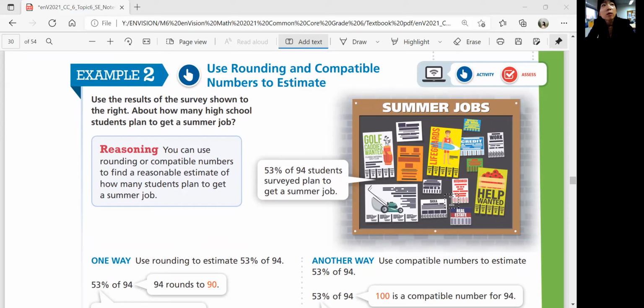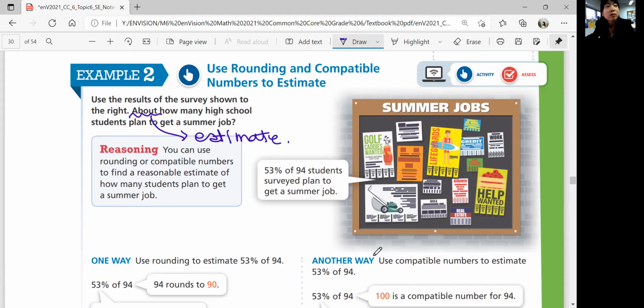We know that 53% of 94 students surveyed plan to get a summer job. So they surveyed 94 students total, but 53% of them are planning to get a summer job. Since it says about, that means you can estimate.